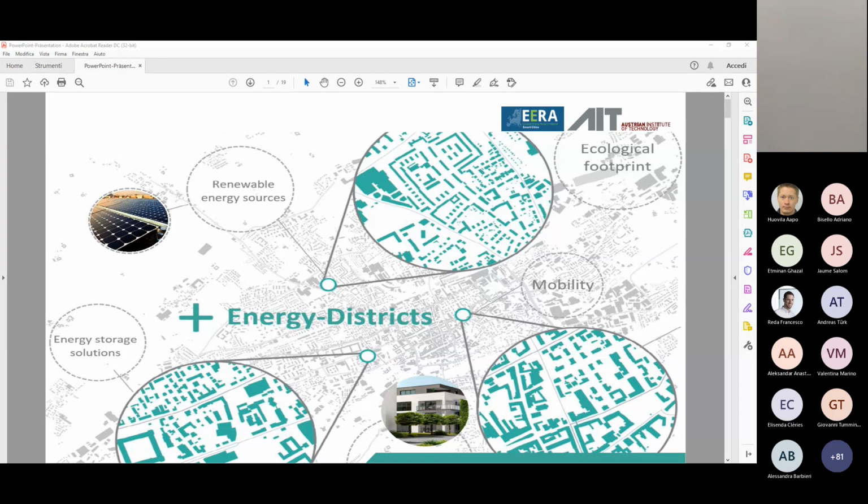I had the pleasure to be for the last 4 years the deputy coordinator of this joint program. What I am presenting to you is an outcome of a working group that we set up some years ago. I will briefly introduce what it is about, and then show you a case study that we have developed at AIT in cooperation with the Aerodrome program. Next slide, please.